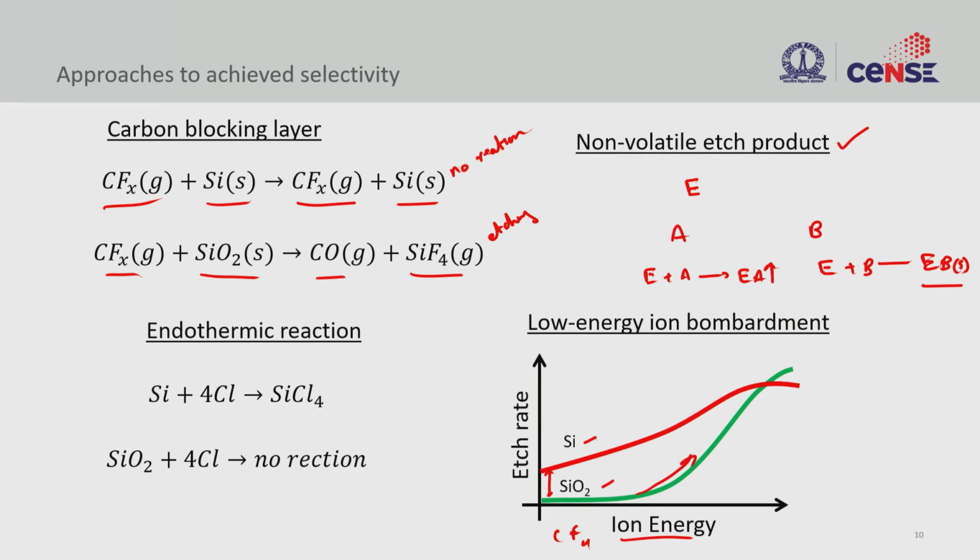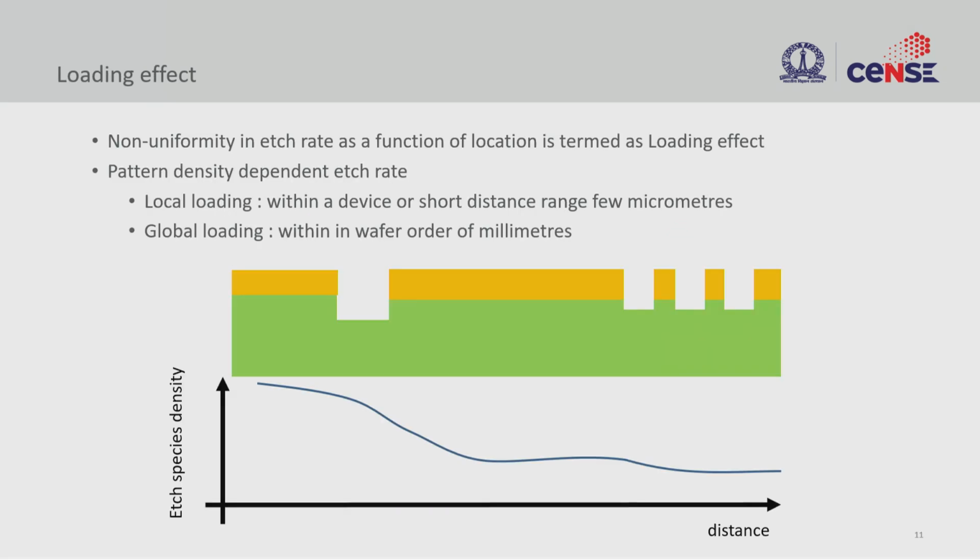And if you keep on increasing the ion energy, your silicon dioxide etch rate can go beyond the silicon etch rate. The reason for that is you start doing physical etch, okay, as opposed to chemical etch. So by adjusting the ion energy, one can achieve selectivity.